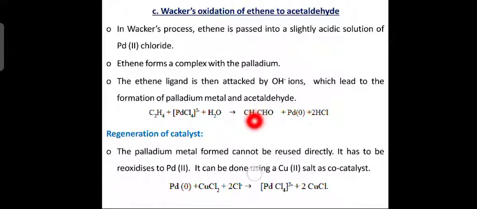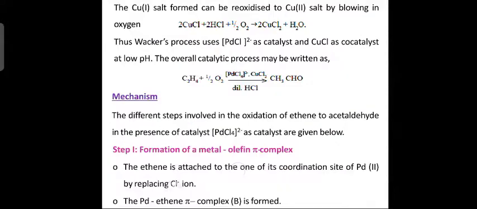So you get CH3CHO, and the palladium metal formed cannot be reused directly, so it has to be reoxidized to palladium 2. So it can be done using what? Copper 2 salt as co-catalyst.